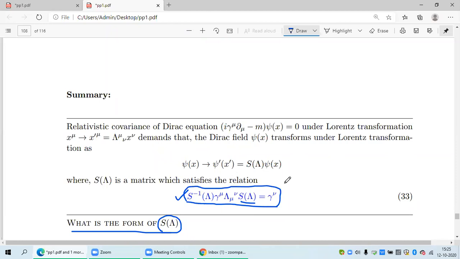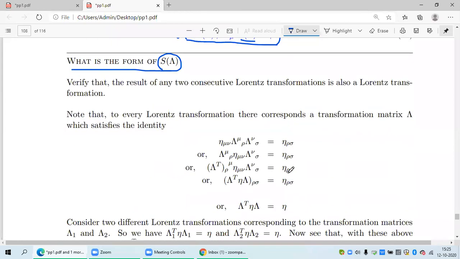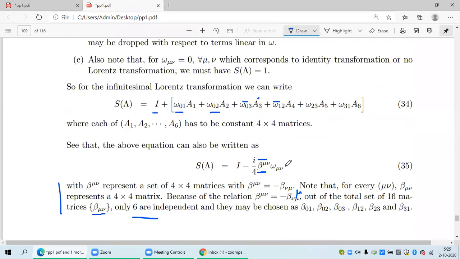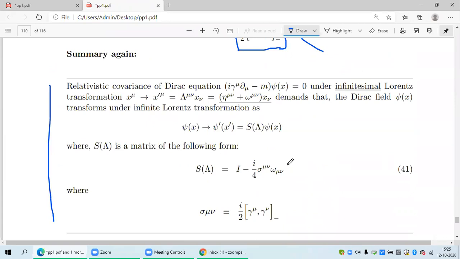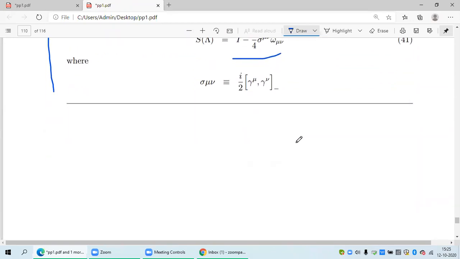We will see that. But the bottom line is that we now know how a Dirac field transforms under Lorentz transformation. The transformation matrix we know, at least for an infinitesimal transformation. For a finite transformation, I know what equation S lambda has to satisfy. Clear?